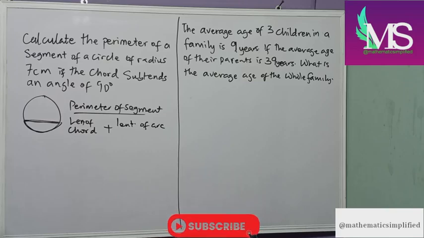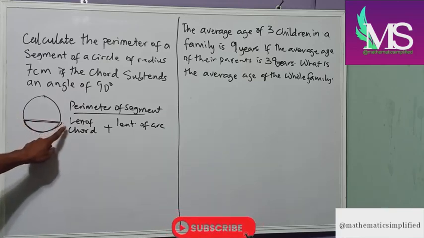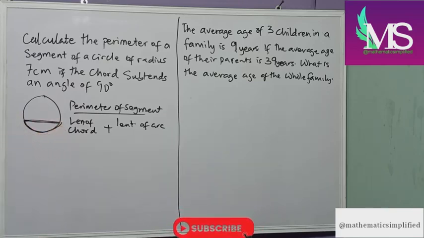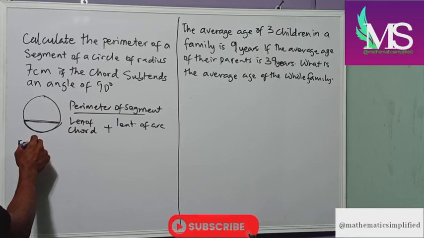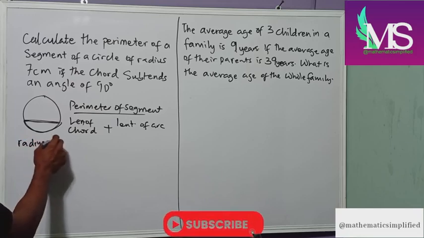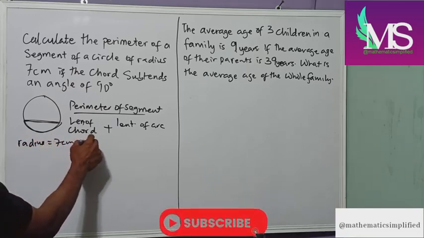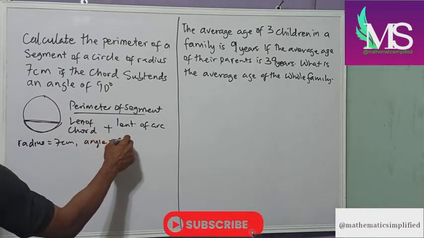So we need to calculate the length of the chord and the length of the arc. We've been given that the radius is 7 cm and the angle is 90 degrees.